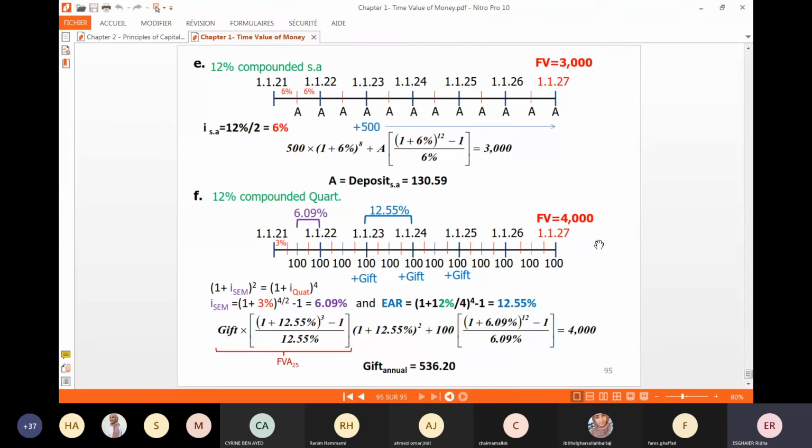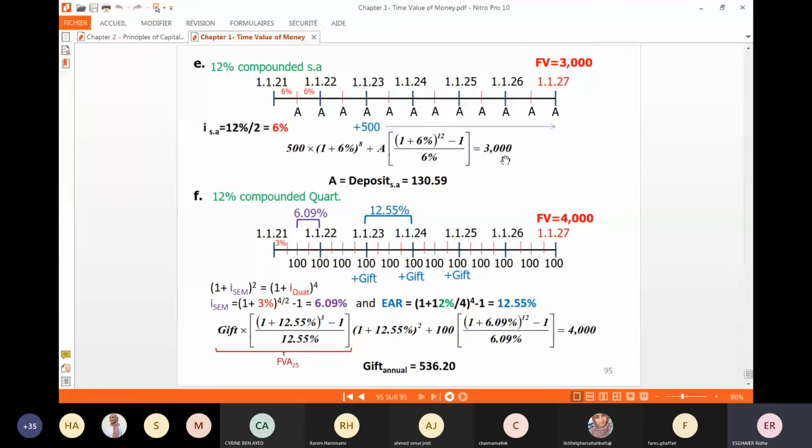As I explained before, when you use the future value of an annuity or the present value of an annuity, in the formula n always refers to the number of A's you'll have, and the interest rate that you should use must be adjusted according to the periodicity of the A. If A is annual, in the formula you should use an annual interest rate compounded annually.